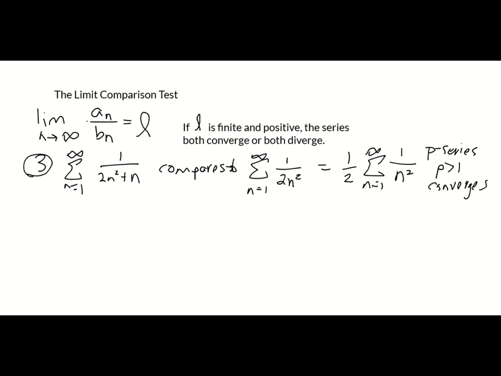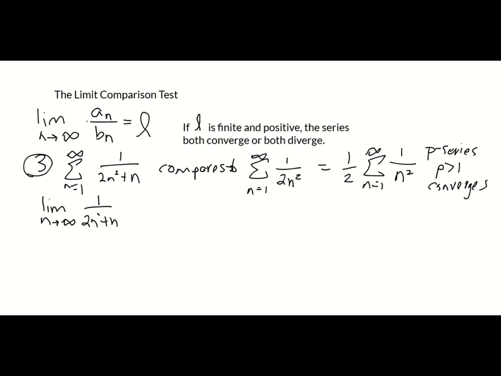Okay, so that's all work that we did the same on example 2, but now we're going to do our limit comparison test. So we write the limit as n approaches infinity of the original series. A sub n is your original series, so 1 over 2n squared plus n divided by b sub n.